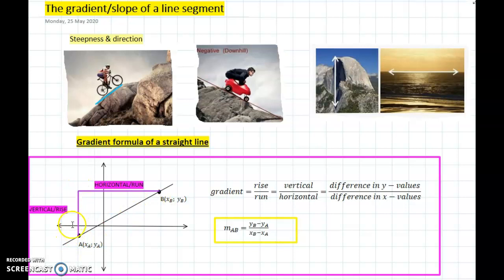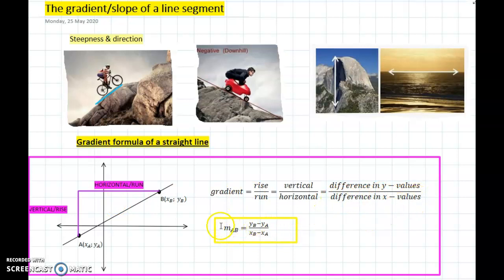Because the rise is really the difference in the two y values of those 2 points, and the run, which is the horizontal, is really the difference in the two x values. So gradient is defined as the rise over the run, or the vertical over the horizontal, which is really, as I said, the difference in the y values over the difference in the x values.